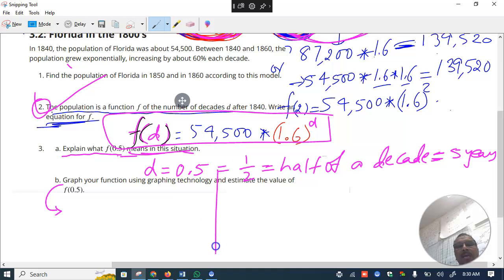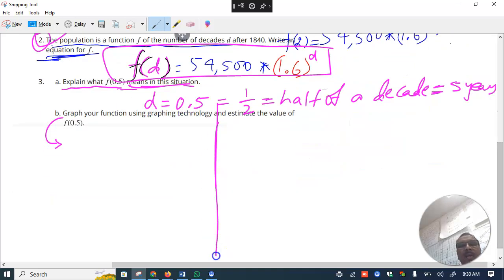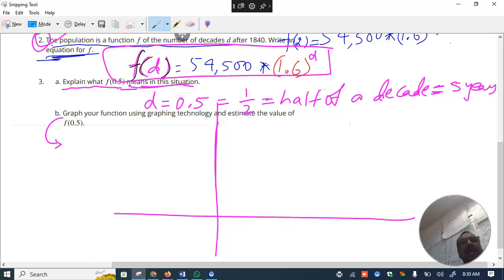As you guys are working on this, I'll get ready. Remember the graph: the population in the beginning is, and we did 2 decades, one and two. This is 50,000, then 100,000, then 150,000, then 200,000.